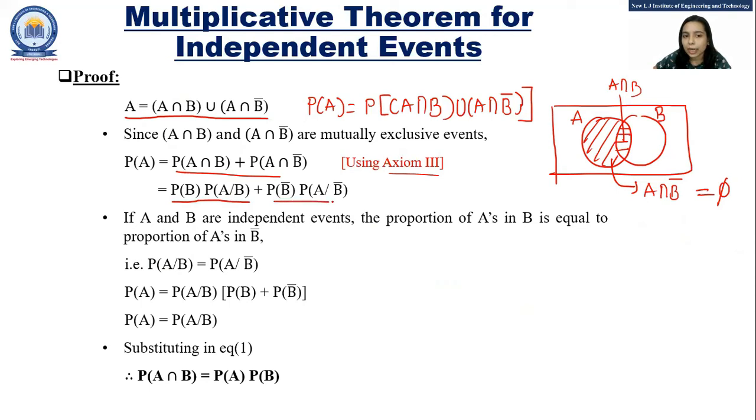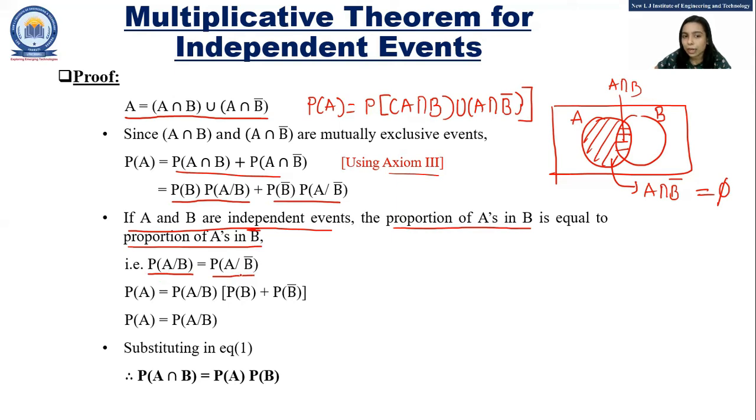Similarly, we can also write P(B bar) × P(A/B bar), the probability of A given that B bar has already occurred. Now, if A and B are independent events, the proportion of A's in B is equal to the proportion of A's in B bar. So from that we can say that P(A/B) = P(A/B bar).